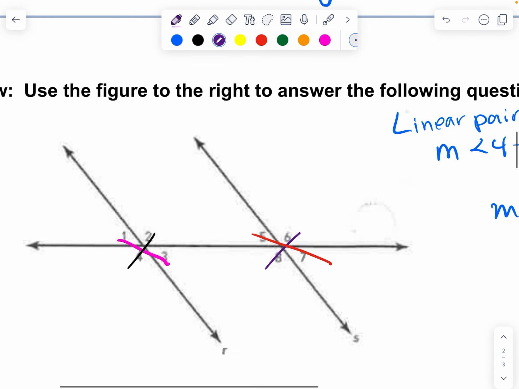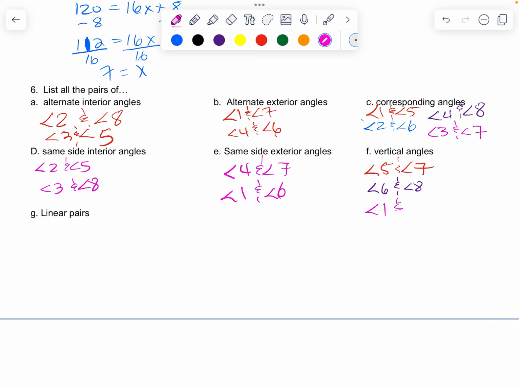Trying to keep it with the color. 1 and 3, and 2 and 4.